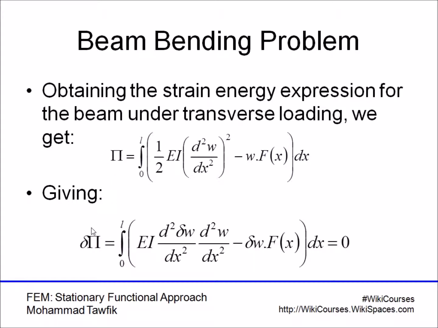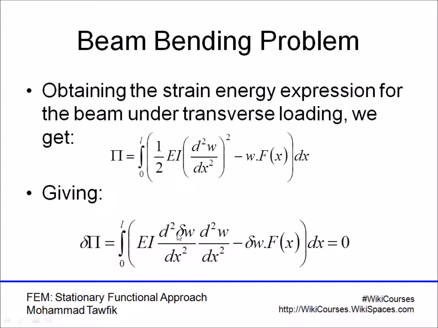Applying the variation, we differentiate this term with respect to w, giving us 2, which eliminates the half, of d2w by dx2 multiplied by the variation of the second derivative. The mathematicians who taught us the variation method said that the variation of the derivative is the derivative of the variation.